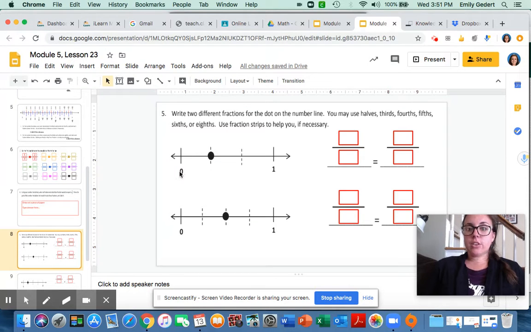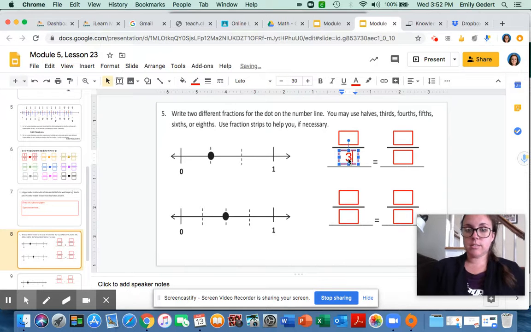Number 8, you're going to write 2 different fractions for the dot on the number line. You may use halves, thirds, fourths, fifths, sixths, or eighths. Then use fraction strips to help you if necessary. So here I would start with the fraction you see. I notice this is split up into 1, 2, 3 parts. So this is thirds. And then it is the first line. So this fraction that I see is 1/3.